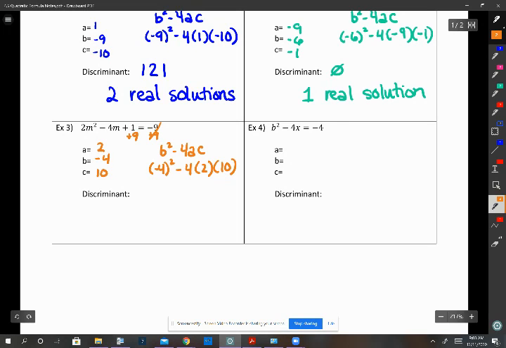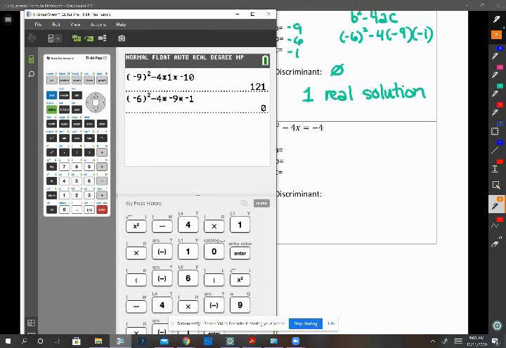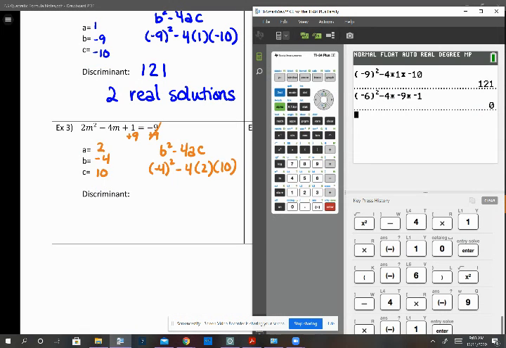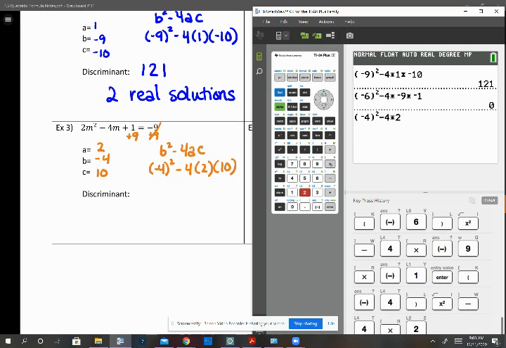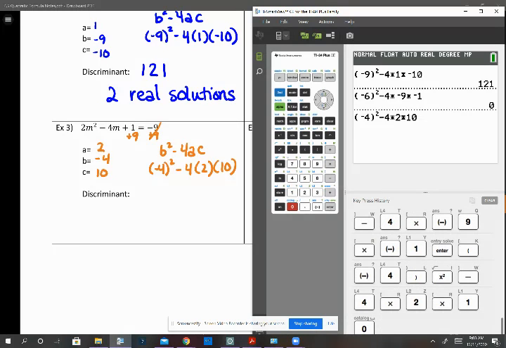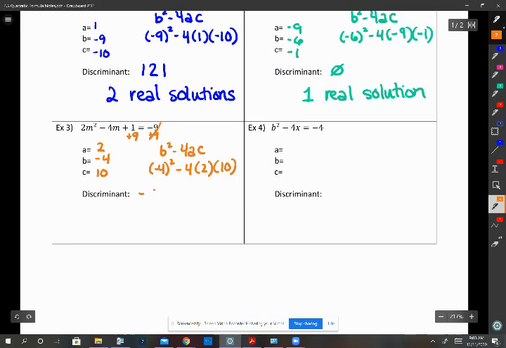Parentheses, negative 4 squared minus 4 times 2 times 10, and we get negative 64. This means we have two imaginary solutions.